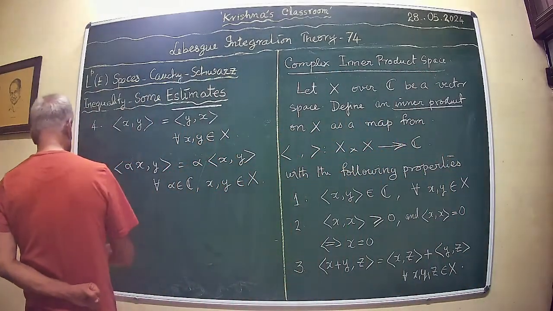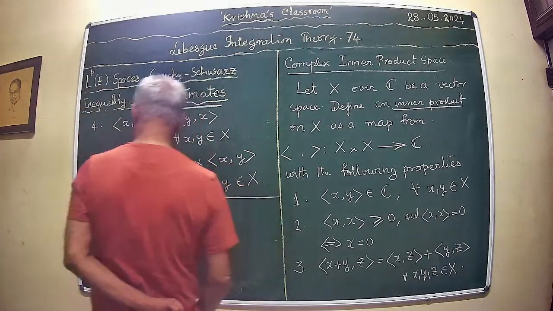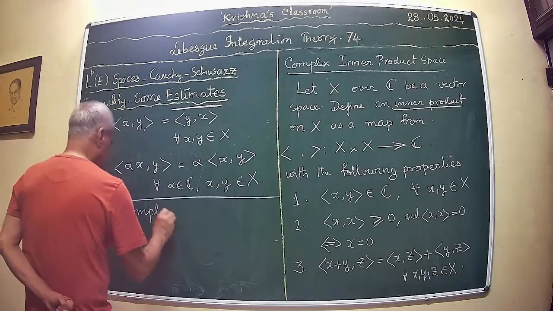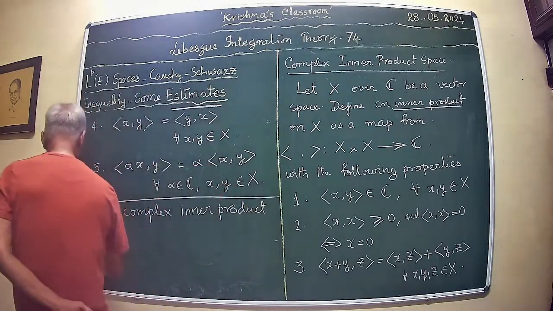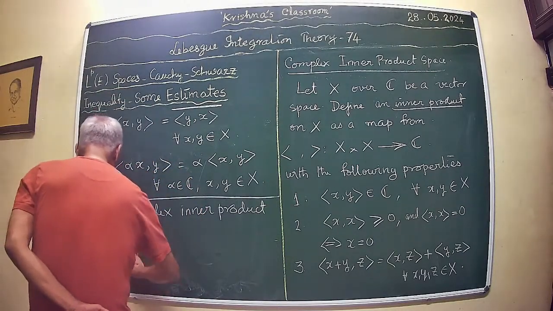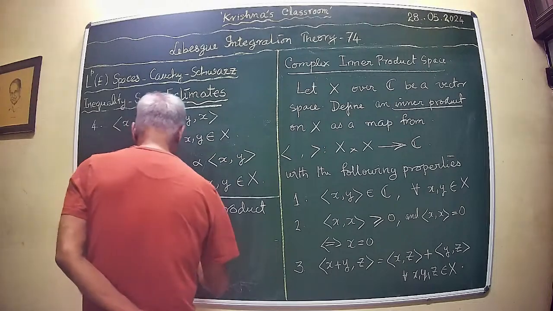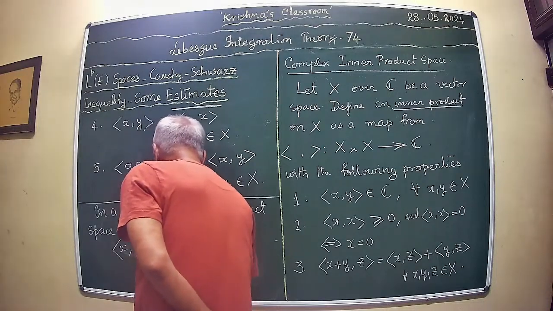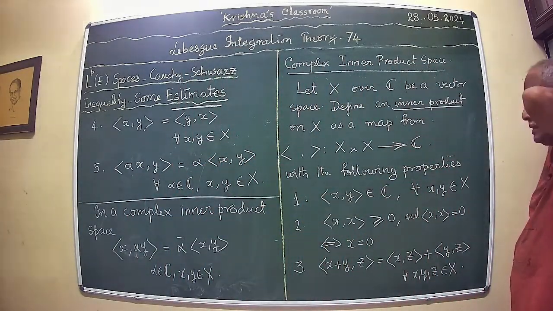Now we make some remarks. Some consequences are... x alpha y equal to alpha conjugate... alpha belonging to C. This is something which can be very easily proved using the conjugate symmetry condition.